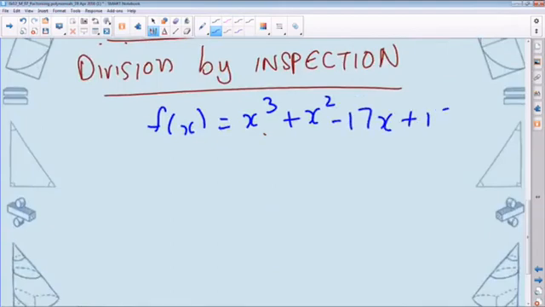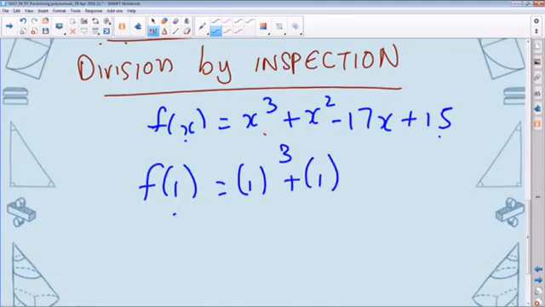Now, the first thing I need to do is to check for a factor. So trial and error, I'm going to try different values of x that divide into 15. For example, if I try the value of 1 for x, wherever there's an x, I substitute a 1, and I'm going to see what my remainder is. If your remainder is 0, then x minus 1 is a factor of f of x.